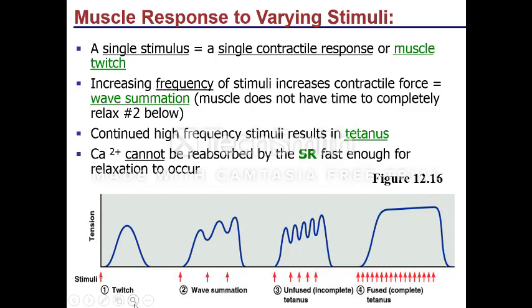With increasing frequency of stimuli, there is an increased tension created on the muscle, which leads to increased contractile force and eventually wave summation. This is where the muscle does not have time to completely relax, like you see here in number 2 for wave summation. The tension doesn't completely go back to zero, and as we increase the frequency of the stimulus, we can start to get what's called tetanus.